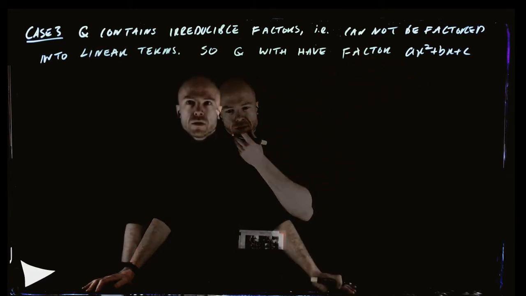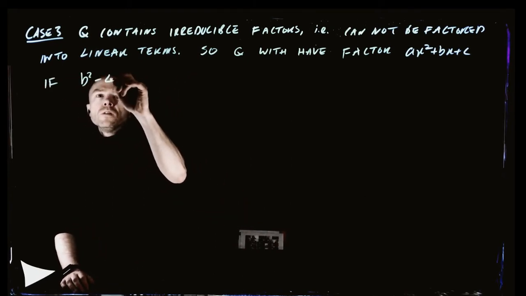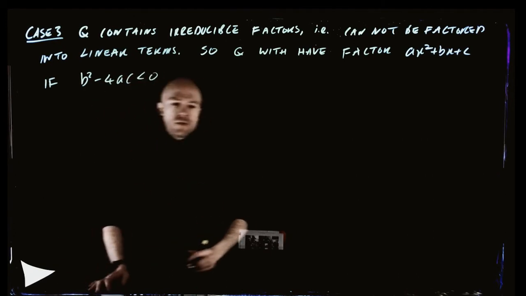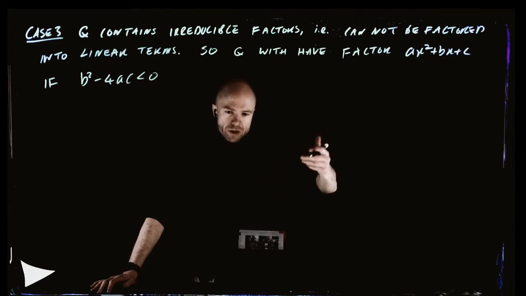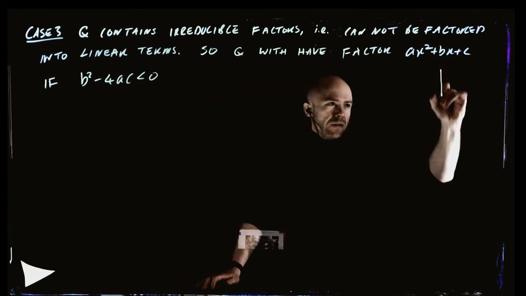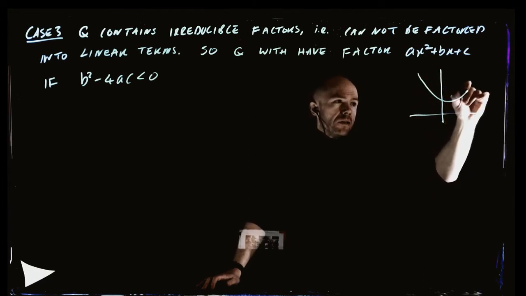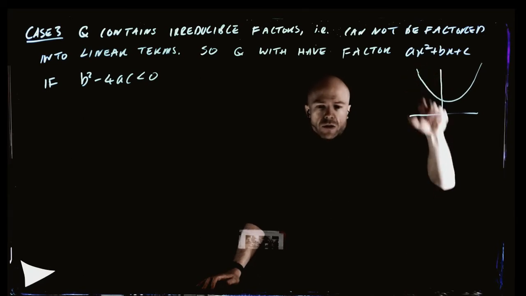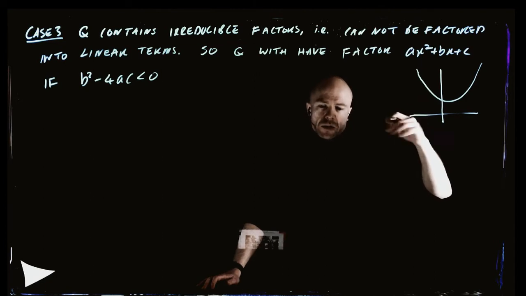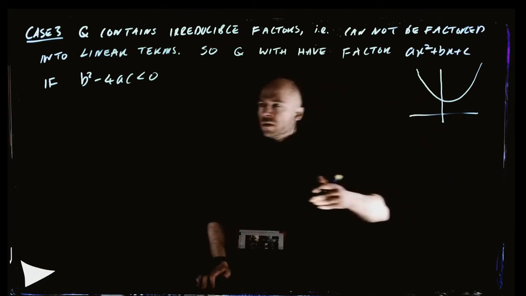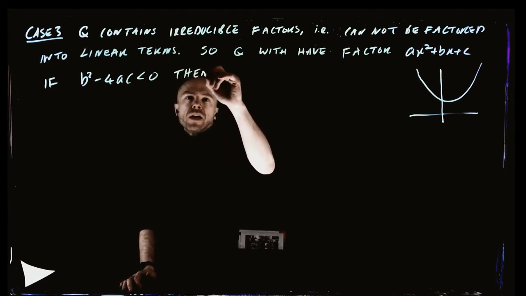So if b squared minus 4ac is less than 0, that means we cannot find the roots with this formula. Better to think about it this way: when this is true, the quadratic is not crossing the axis, so there are no roots, and then we can't factor it, or we can't factor it with real numbers.